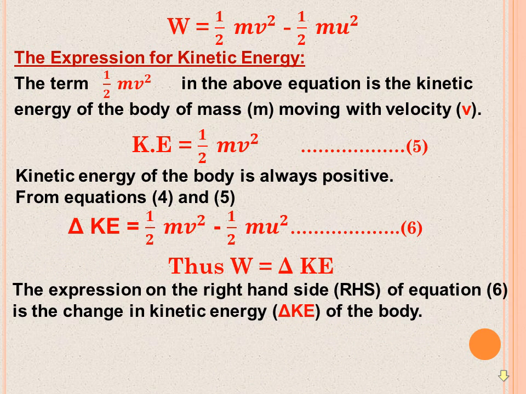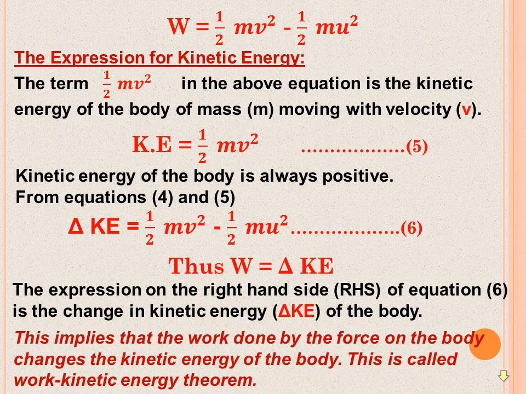This expression on the right hand side, from equation 6, 1 by 2 m v square minus 1 by 2 m u square, is the change in kinetic energy delta KE of the body. This implies that the work done by the force on the body changes the kinetic energy of the body, which is called the work kinetic energy theorem.